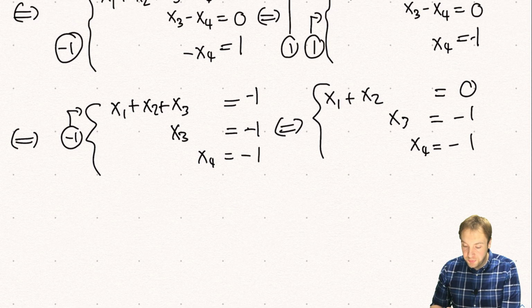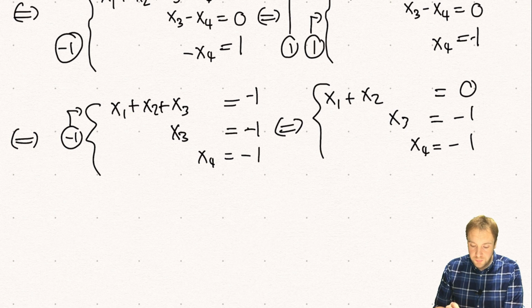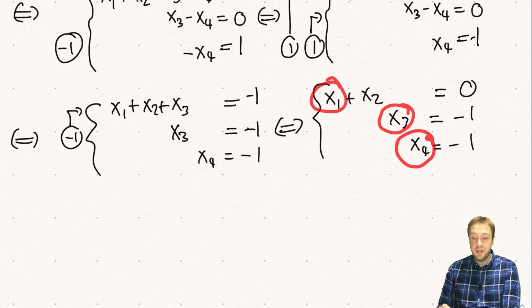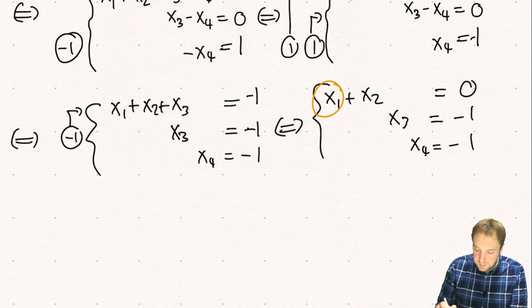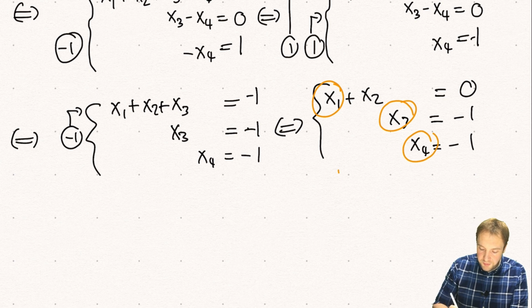And now, so this is now in so-called row-reduced echelon form, because now every equation starts with one variable which does not appear in any other equation. So this, and this are the pivot variables.